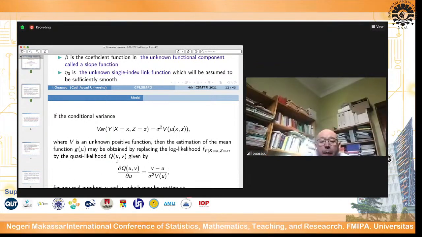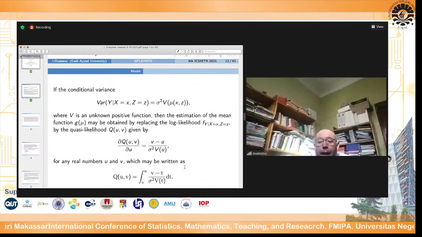For any number U and V, we might write Q of U and V as given here, where V is here.